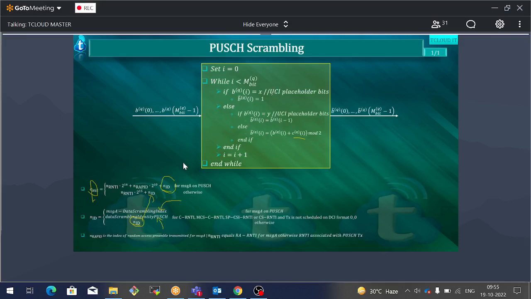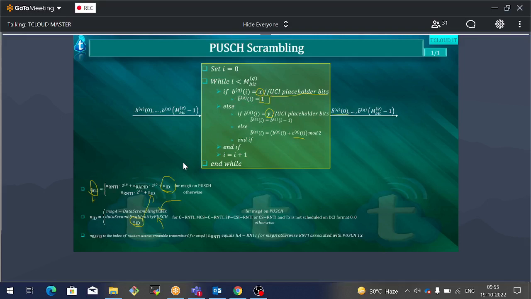But for the UCI placeholder bits, there are placeholder bits which are basically considered as X and Y here. What is X, what is Y depends on different types of data. If it is X type of data, in that position, if b(i) input bits are X, all output bits will be set to 1. b tilde (i), the output bit, must be set to 1.